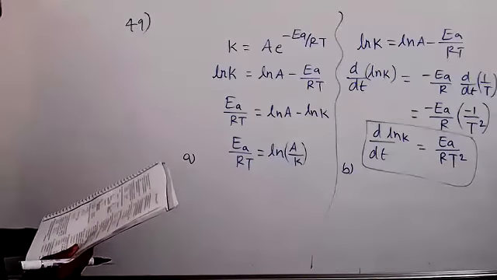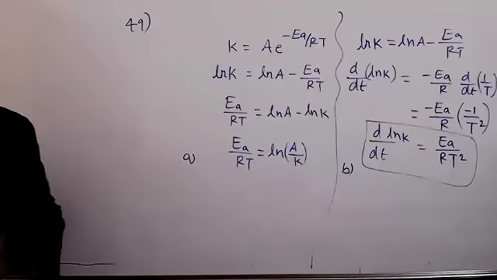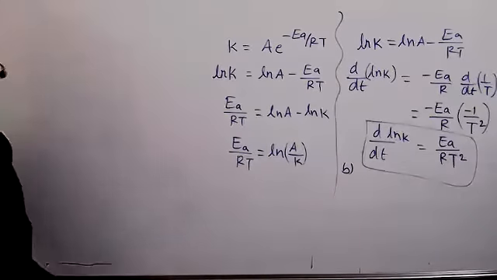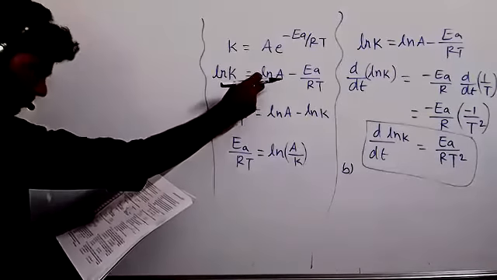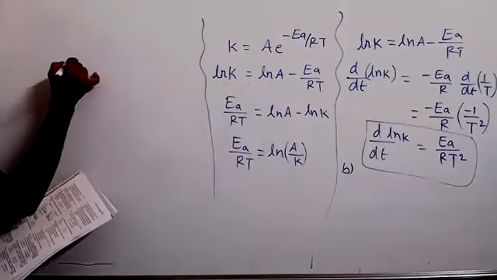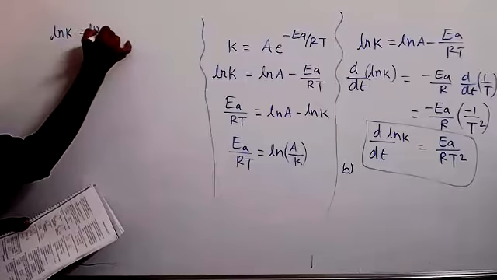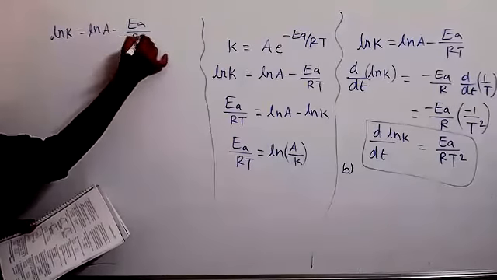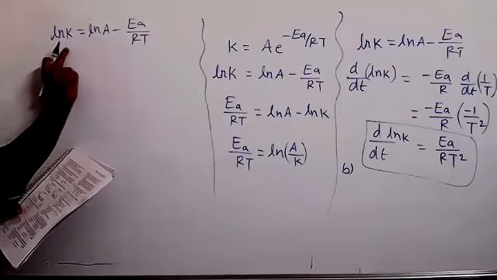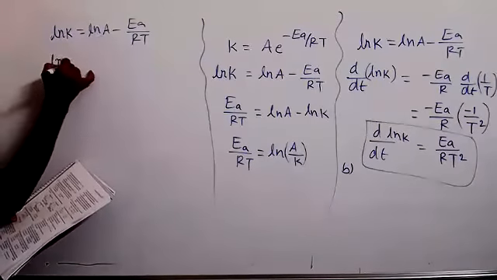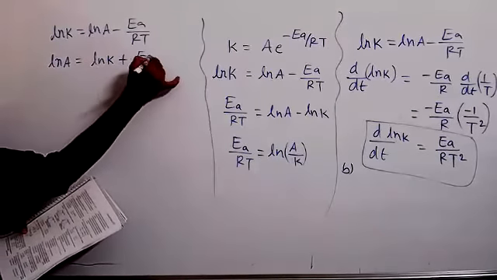Next, option C: log A is equal to log K plus Ea by 2.303 RT. Take this same equation, ln K equal to ln A minus Ea by RT. First take ln A: ln A is equal to ln K plus Ea by RT.